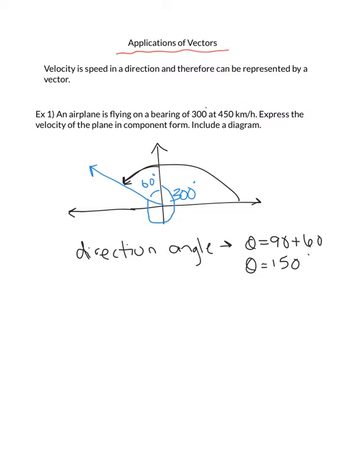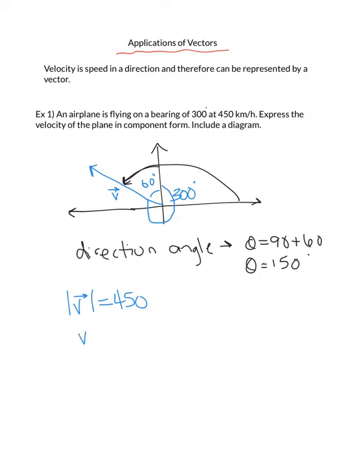Now that I have my diagram and I have my angles, I can start expressing this velocity in component form. I am going to call this vector v. I know from the question that the magnitude of vector v is equal to 450. It tells me that it is traveling at 450 kilometers per hour.